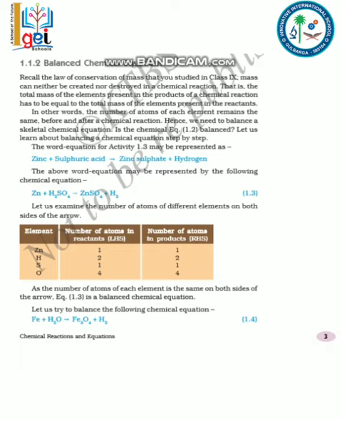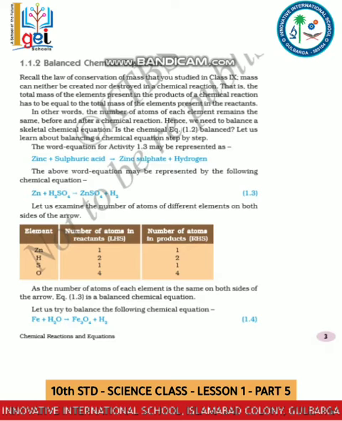In higher studies, in graduation and post graduation in chemistry, you will go through reactions in which we have more than 20 to 30 reactants, big compound reactants. Compound means more than one element present in that compound.